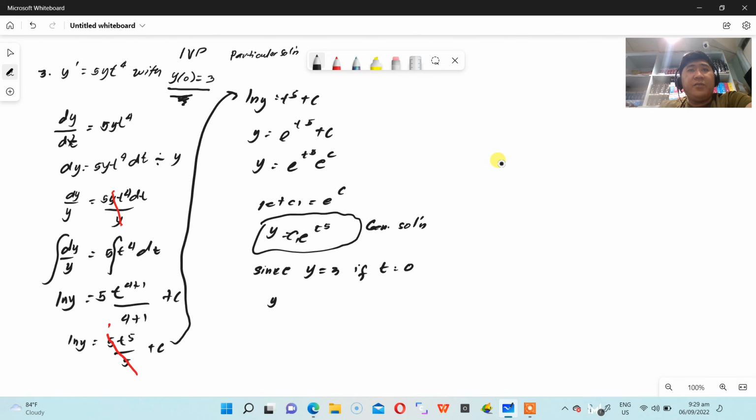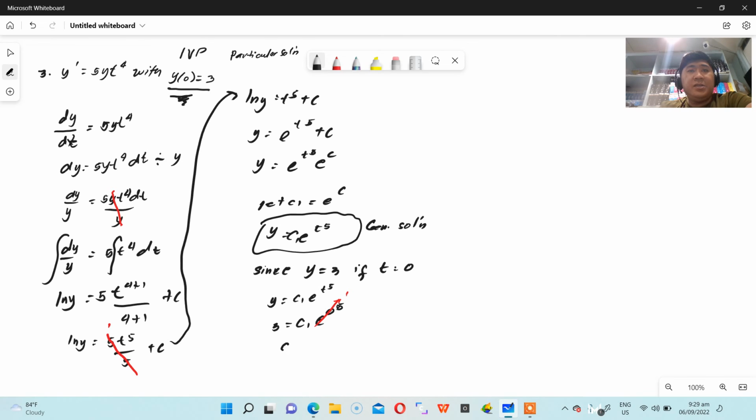So from that, you have y equals c sub 1 e raised to t raised to the power 5. So you have 3 equals c sub 1 e raised to the power of 0 raised to the power of 5. We know 0 raised to the power of 5 is 0, and e raised to the power of 0 is 1.